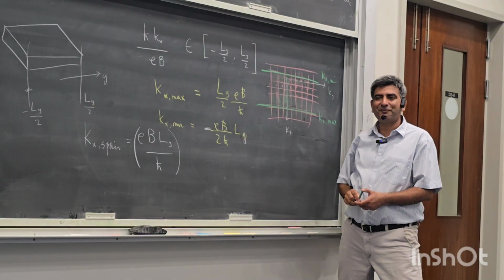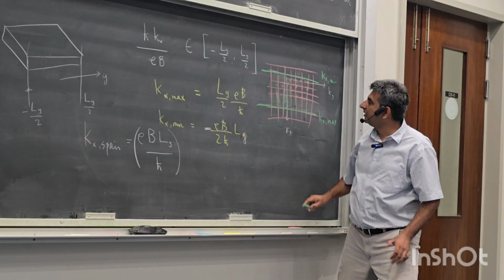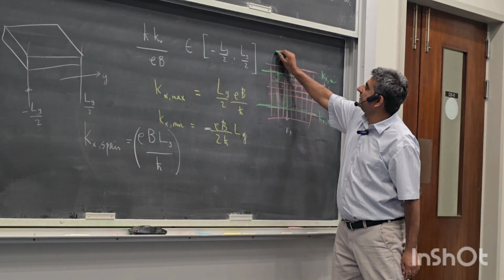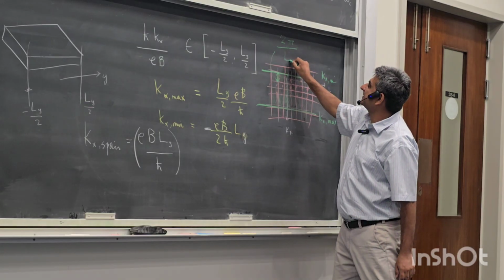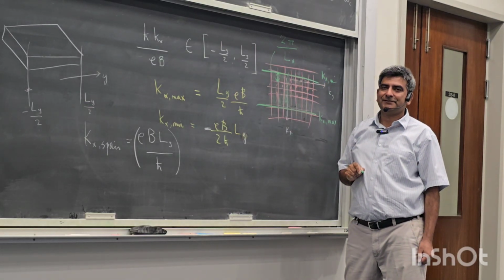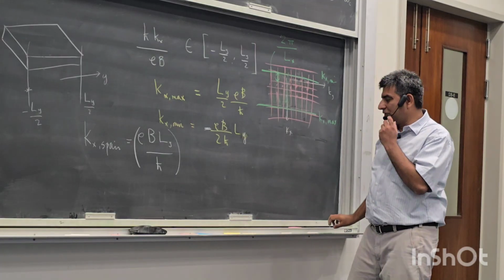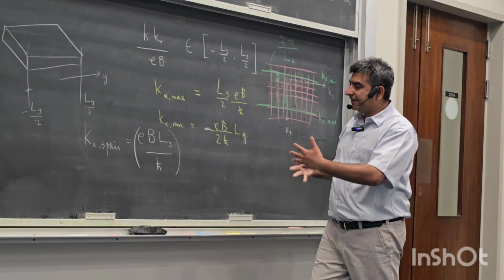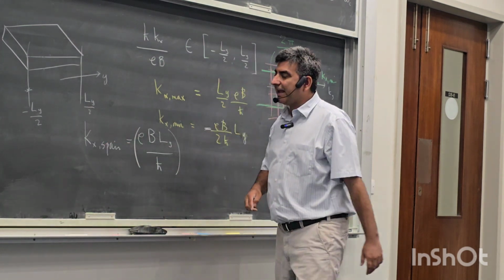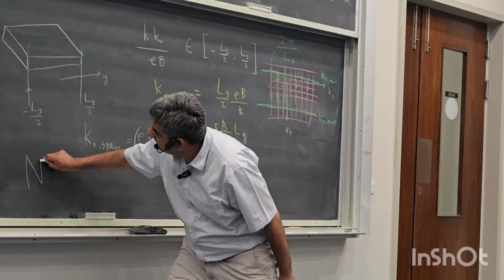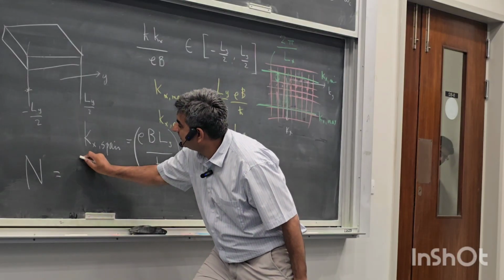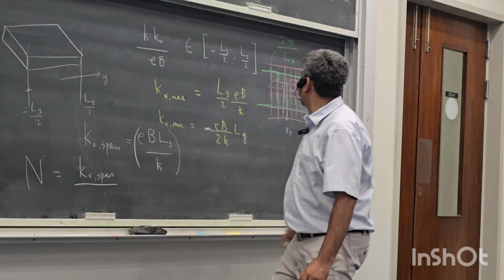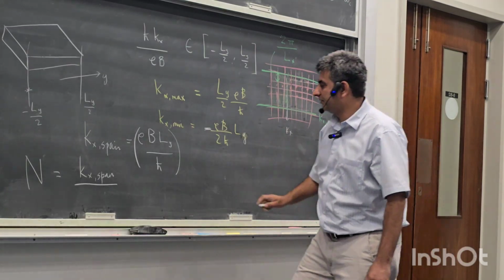It's 2 pi over Lx. So each one of these distances, as we know, is 2 pi over Lx, correct? So the total number of points in this span of Kx, n, is this span divided by 2 pi over Lx.